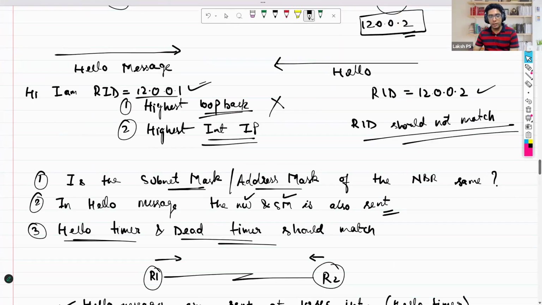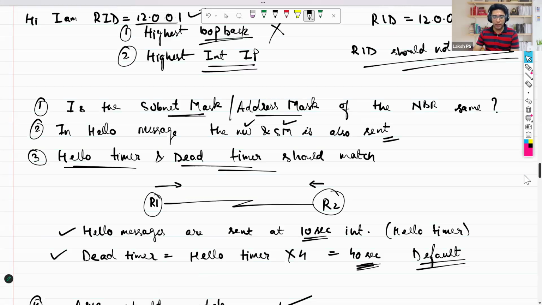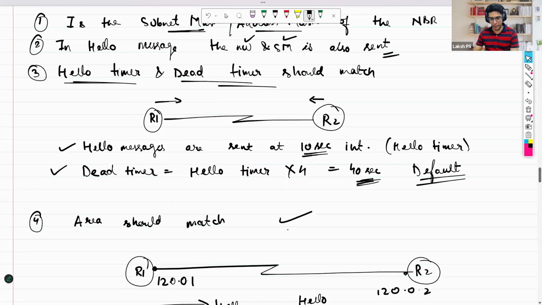Then the subnet mask of the neighbor should be the same. Let us try to create a different subnet mask. Then the hello timer and dead timer should match. Let us try to make them not match. And the area should match. These are the few criteria for the hello messages to be exchanged and move forward.